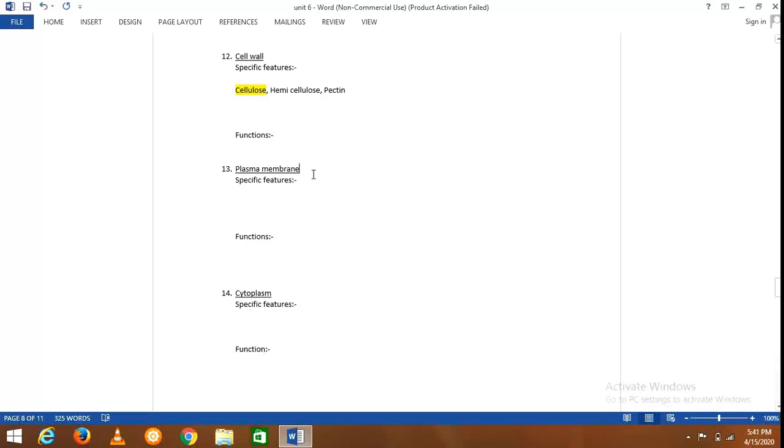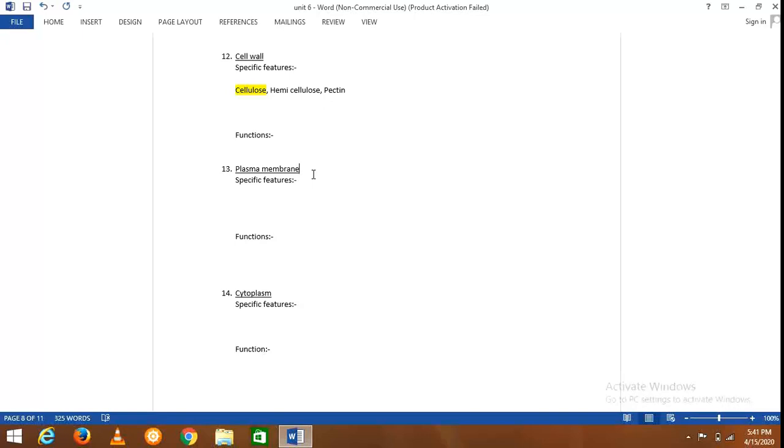Then the plasma membrane. In plant cells, this is present just interior to the cell wall. But in animal cells, this is the boundary. We call this as the cell membrane as well, plasma membrane or the cell membrane.